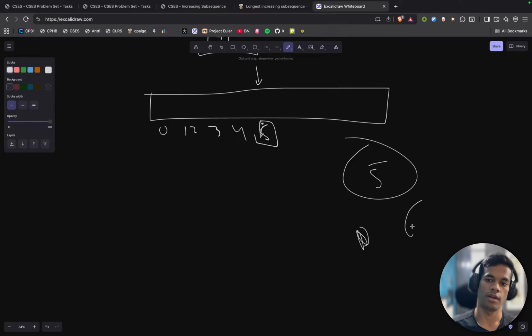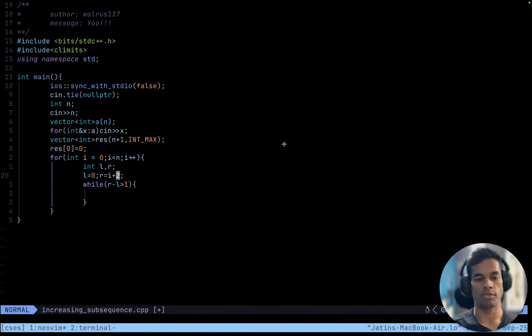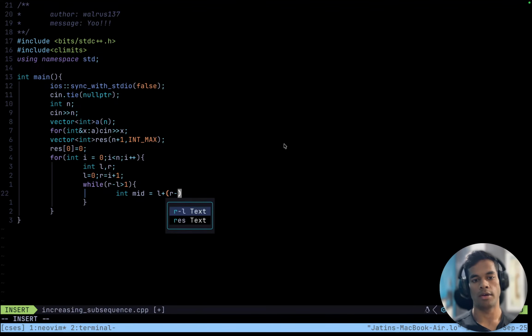I can never find an element whose length is 6 because I just haven't seen this many elements till now. So i plus 1. Yep. And int mid equals L plus R minus L divided by 2.